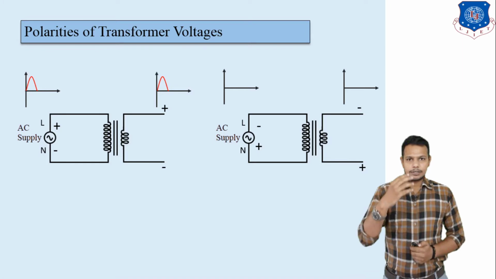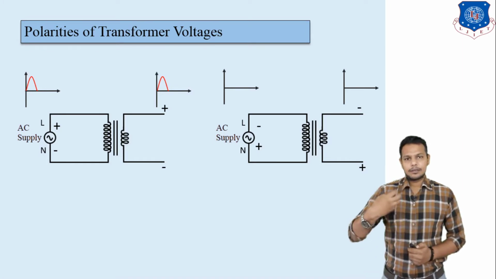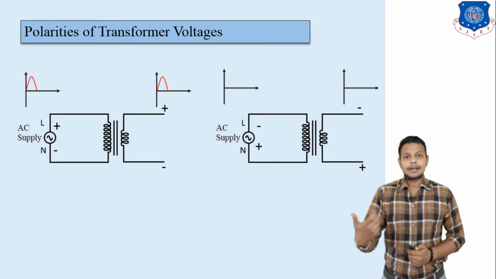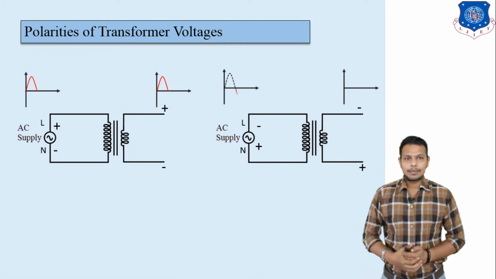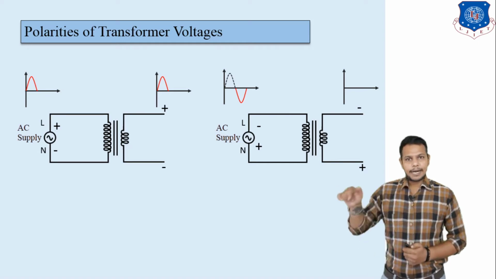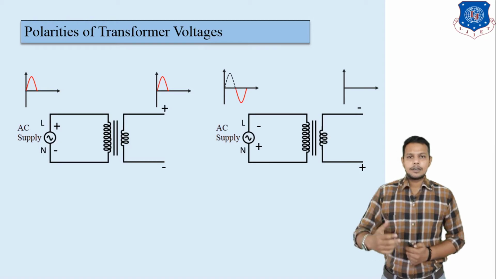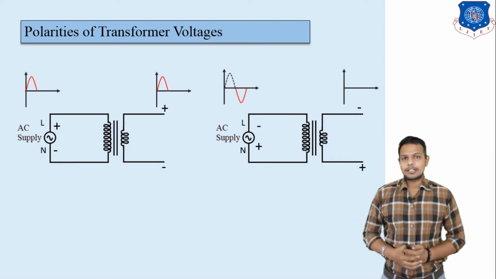If the waveform is changed, like in this graph, a negative waveform, that means your polarity is changed. That means below is plus and above is minus. Current always flows from plus to minus in this manner.